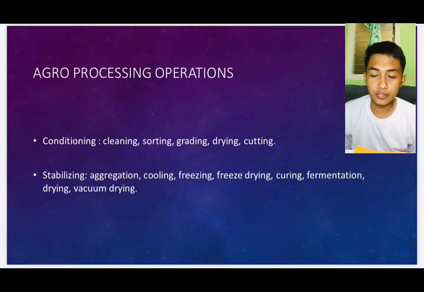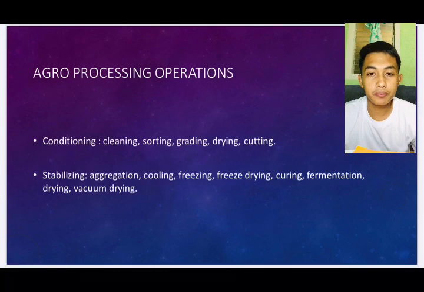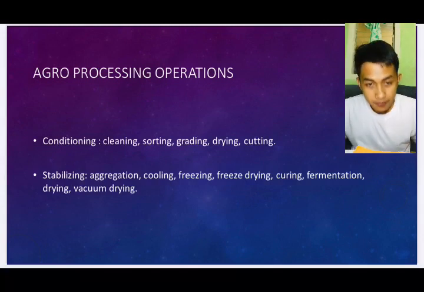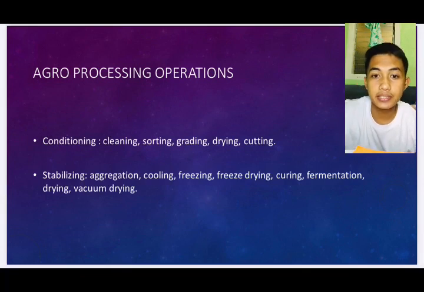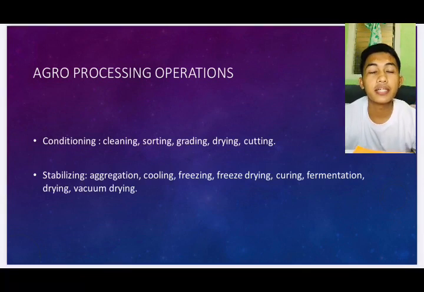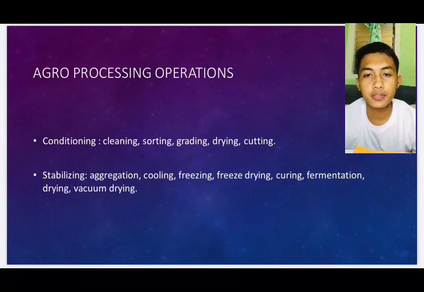Agro-processing also provides conditioning of the product. This involves cleaning, sorting, grading, drying, and cutting. When you sort eggs, for example, you sort them into small, medium, large, or jumbo.